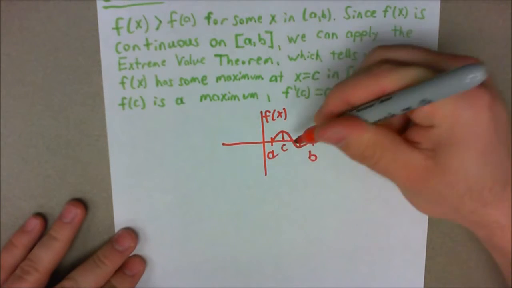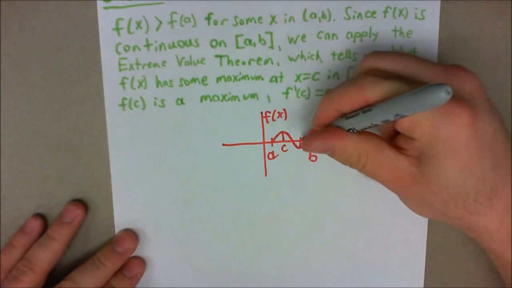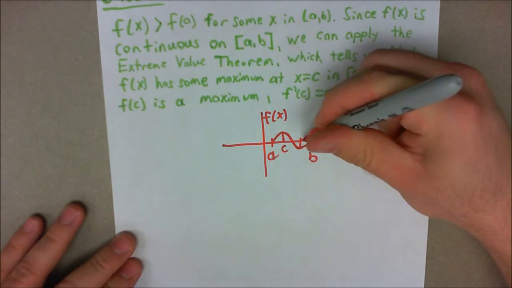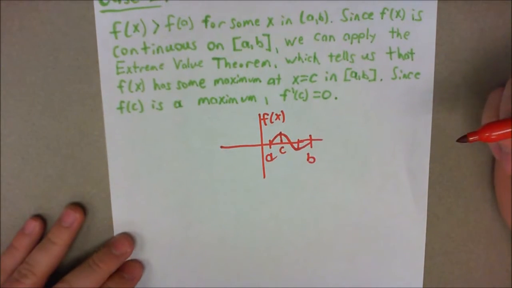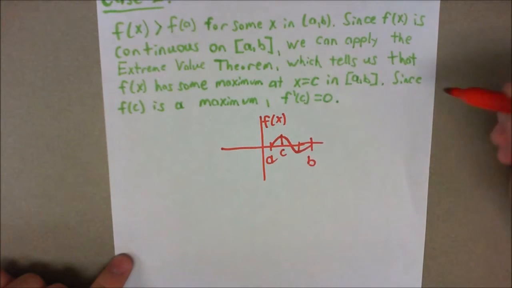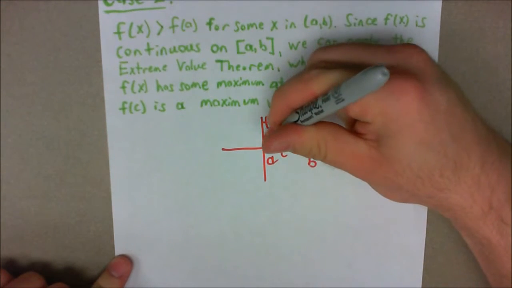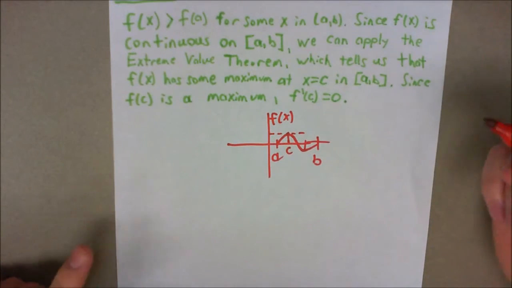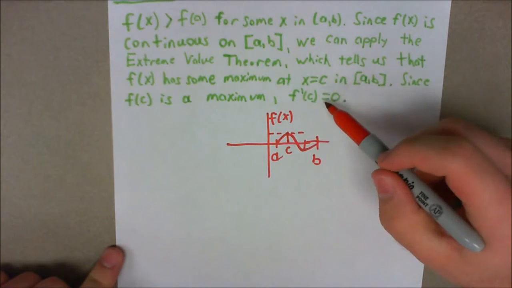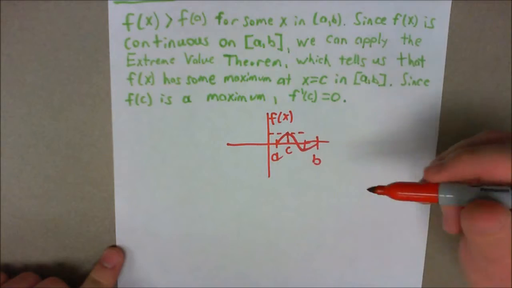So we'll take our c to be the maximum, but we could also take it to be the minimum, which is actually going to be case 3. So we take c to be this point, which is our maximum, and the extreme value theorem tells us that it is in fact a maximum. And that means that we know that there's a tangent line here, and we can say that f prime of c is equal to 0 here.